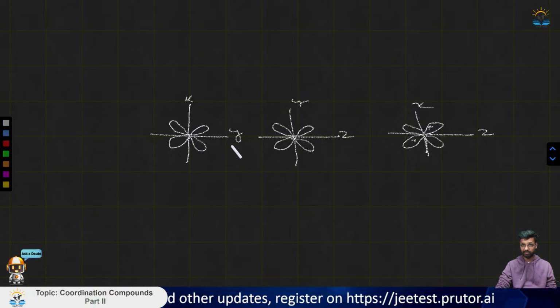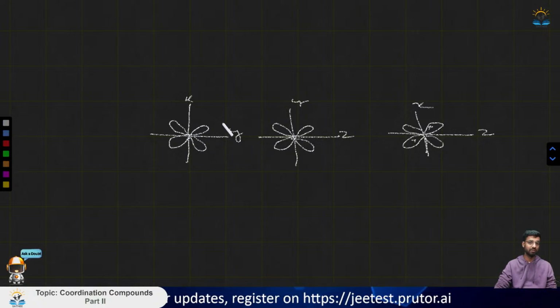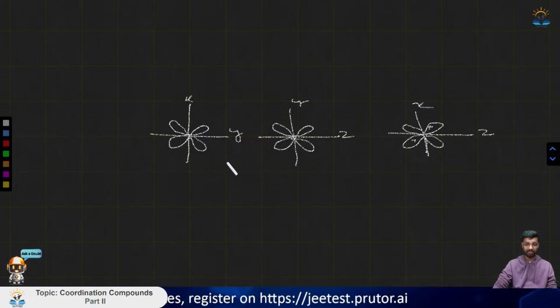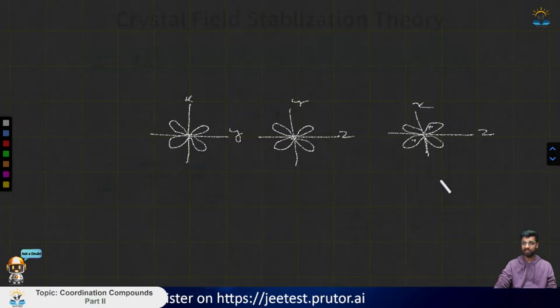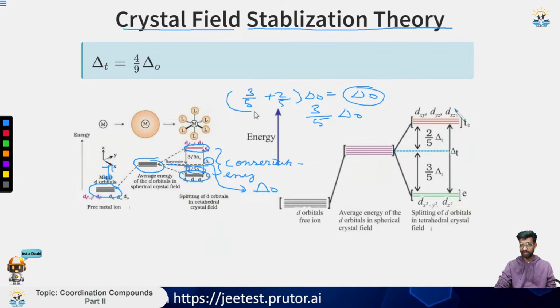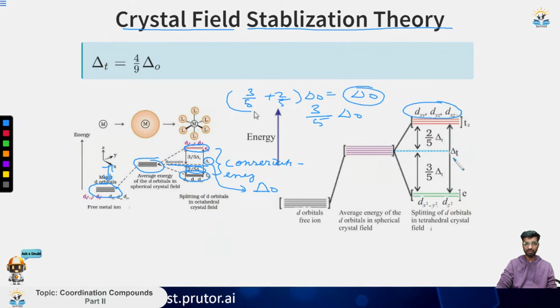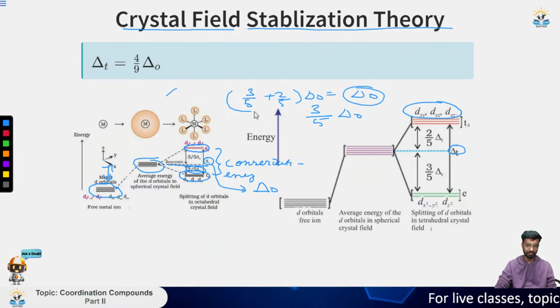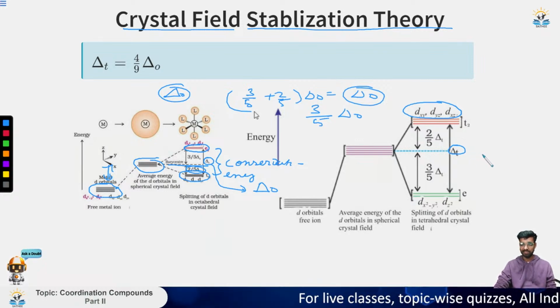That is why all these three orbitals are raised up in energy, that is dxy, dxz and dyz. Then we have this delta t here. For the octahedral we have delta O, so this is actually delta O, not delta naught. That is the energy gap for the octahedral complex, and delta T is the energy gap for the tetrahedral complex.